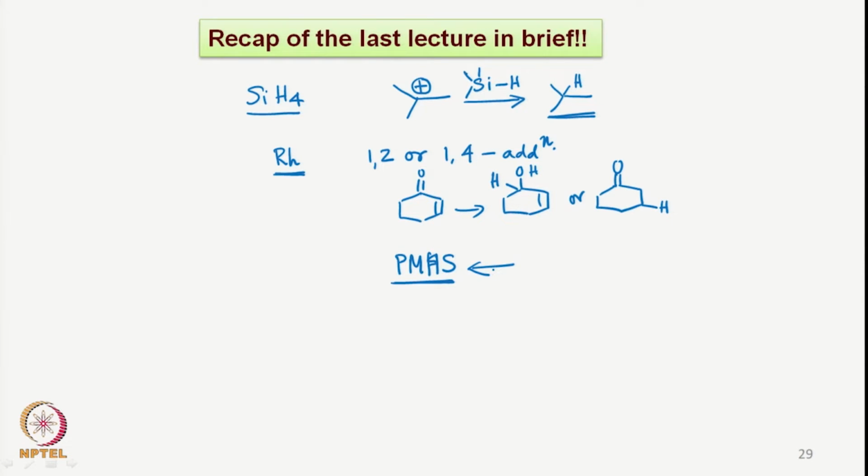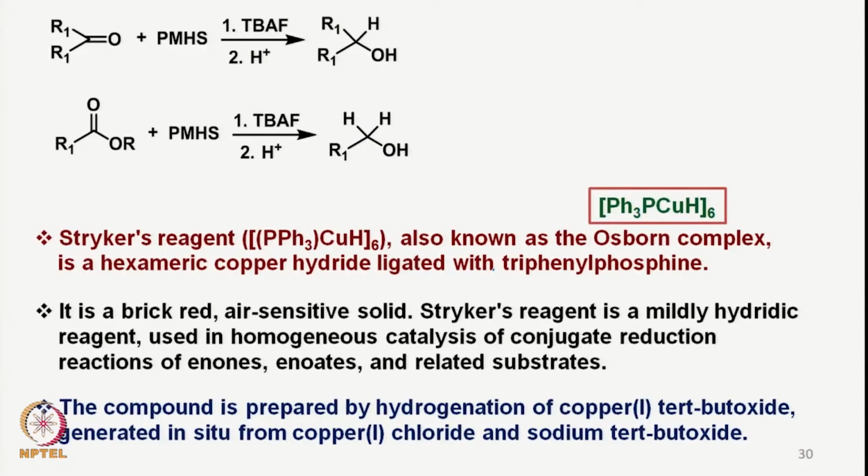Now, we see how these reactions occur. For example, if we take a carbonyl group, then PMHS in the presence of TBAF. TBAF is nothing but tetra N-butyl ammonium fluoride. Basically it has a fluoride ion and a counter cation as an ammonium ion.